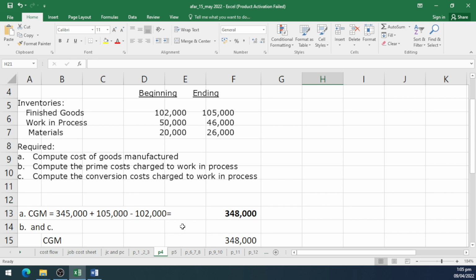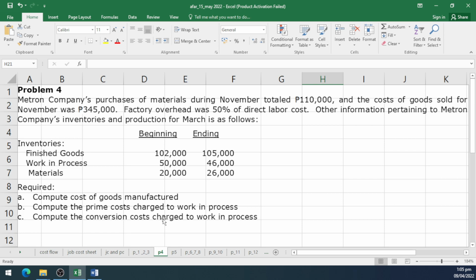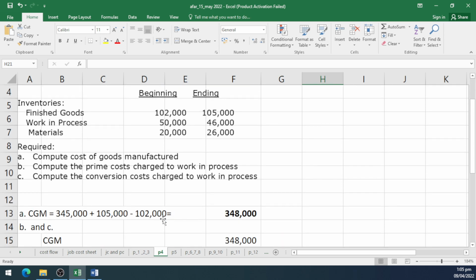It's very simple. Starting from your cost of goods sold, working backward, 345,000 cost of goods sold, add ending finished goods, minus beginning finished goods inventory. Ayan, 348,000 yung ating cost of goods manufactured. Now, to compute our prime cost, yung prime cost po is the sum of direct materials used and direct labor. Yung conversion cost naman, labor and factory overhead.